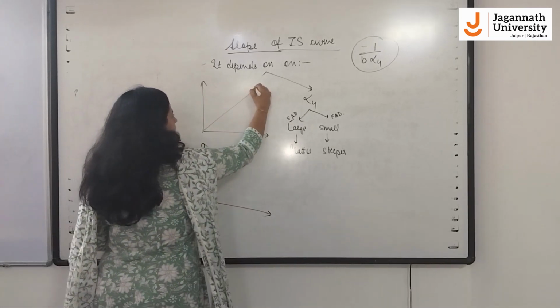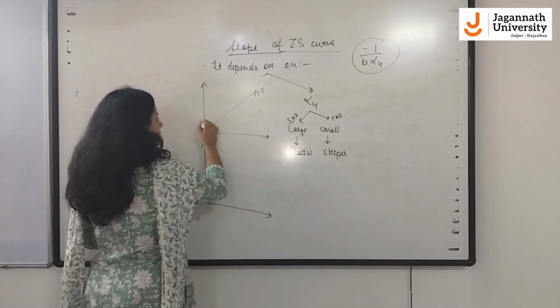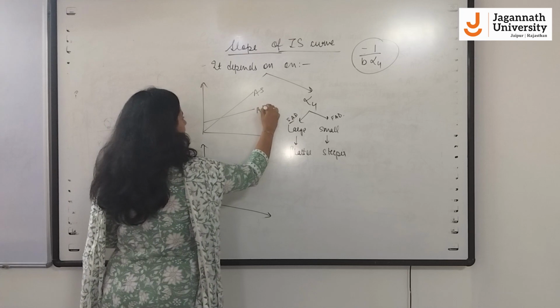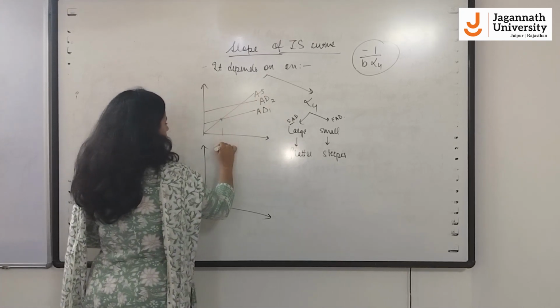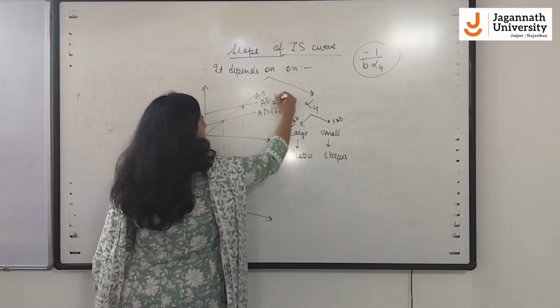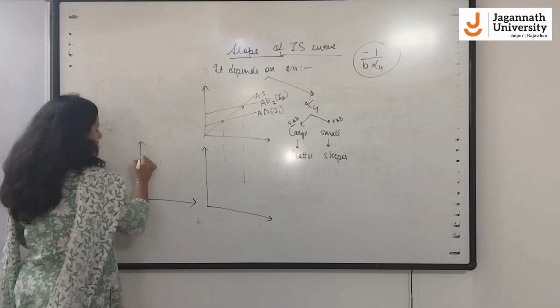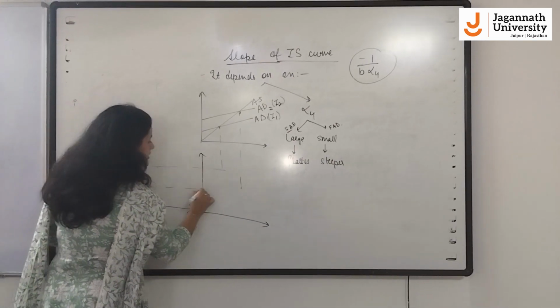Here we have AS as original. Now I will make two ADs, AD1 and AD2, and bring these down. This is with I1, this is with the increased I2. Here we have interest rate 1 and interest rate 2.